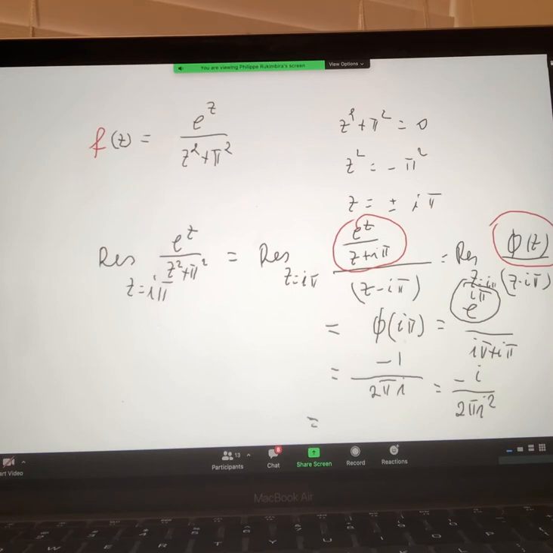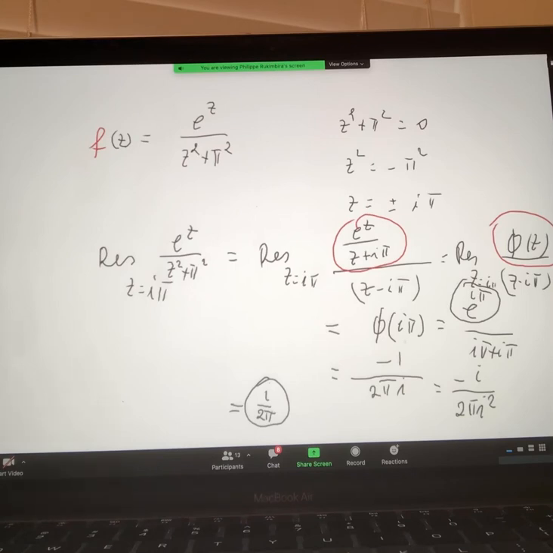And that's going to be negative i over negative 1. So you're going to get i over 2 pi. That's the value of the residue.